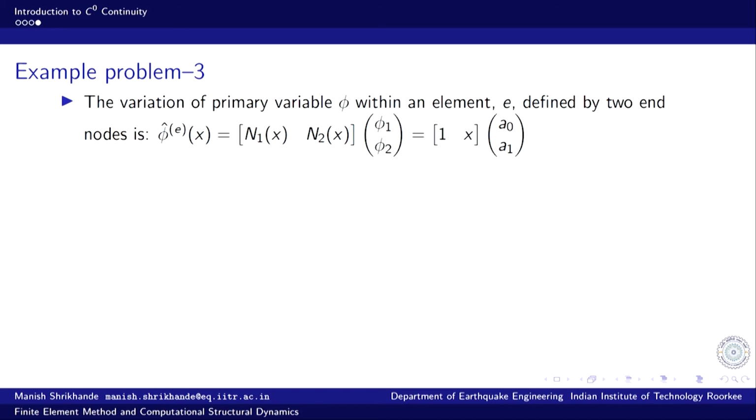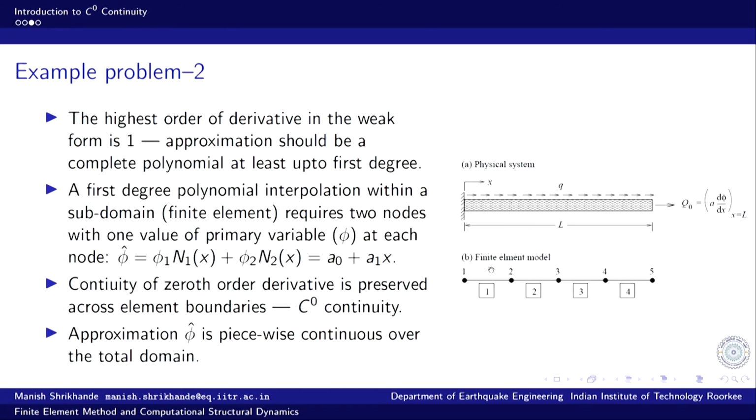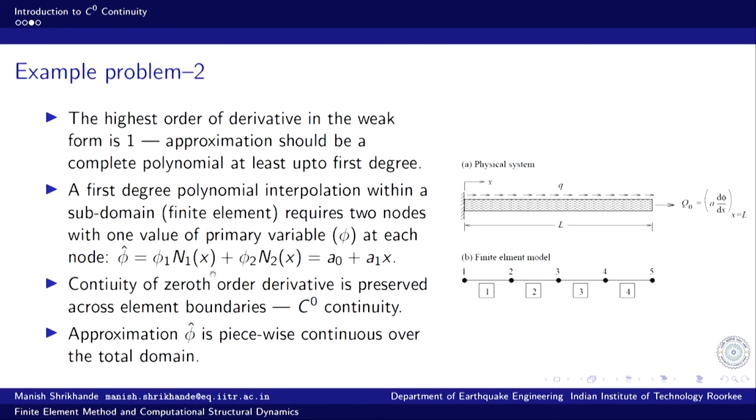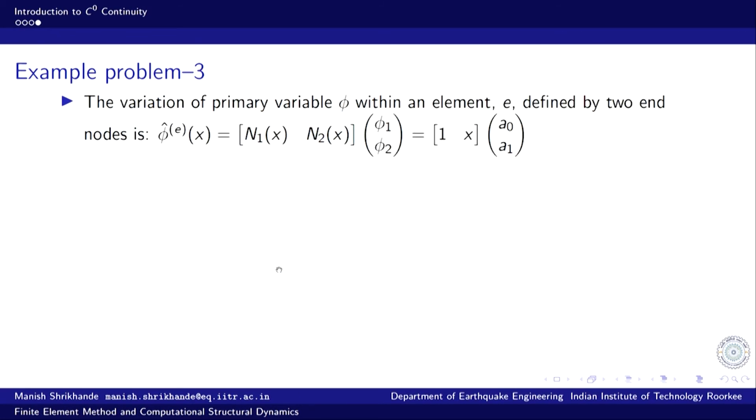If we isolate this one element here, let us call this generic element E, which is defined by 2 nodes, then the approximation within that element E is given by the interpolation model phi 1 N1 plus phi 2 N2. So, this is what the interpolation model is, and if I arrange it in matrix form, this is what it will look like.